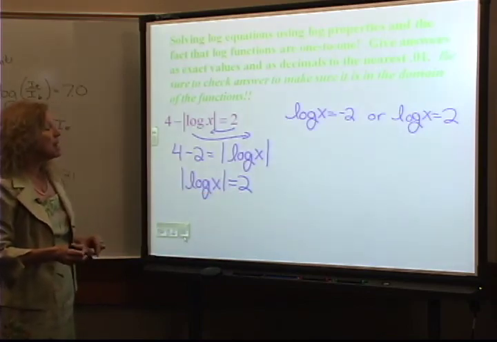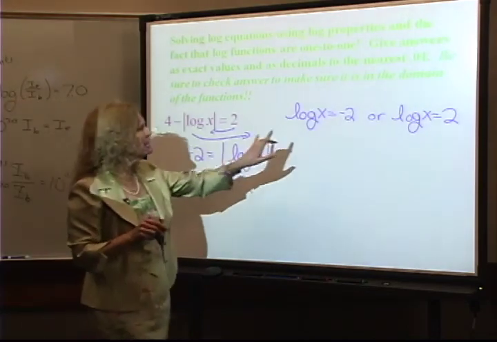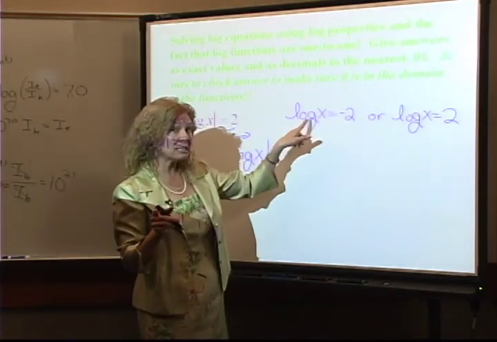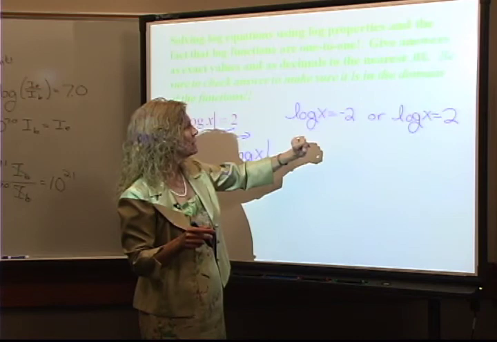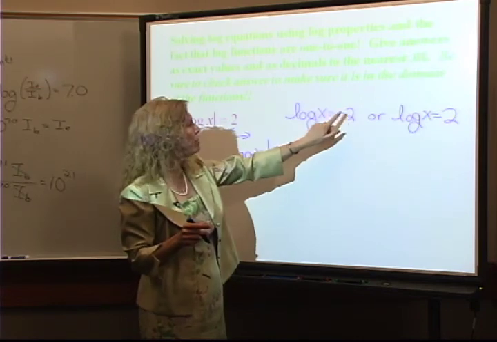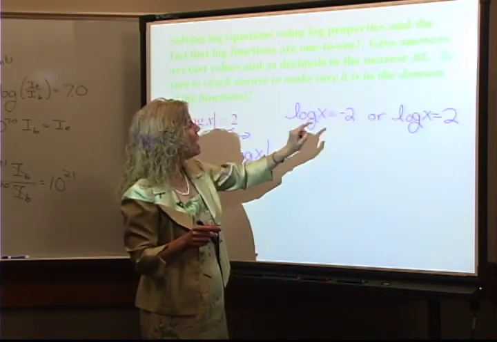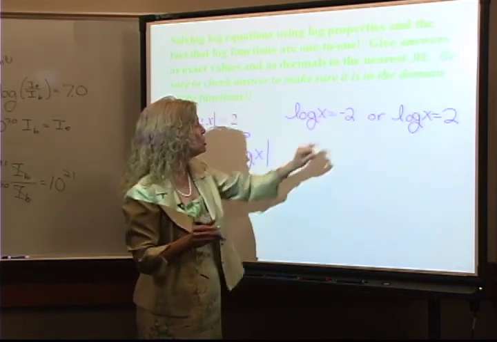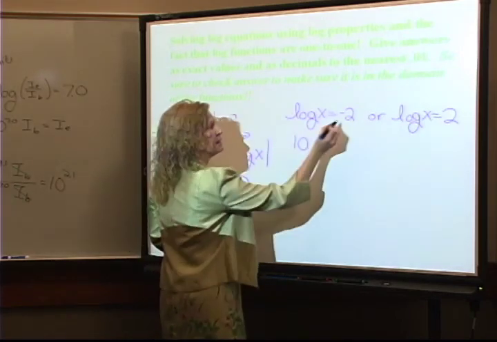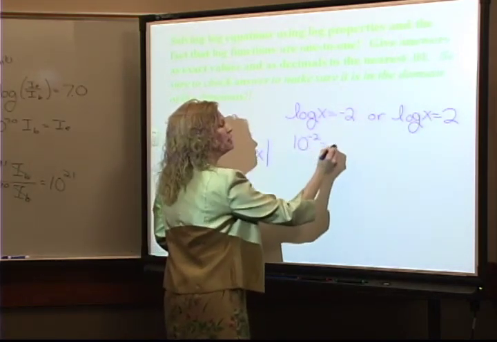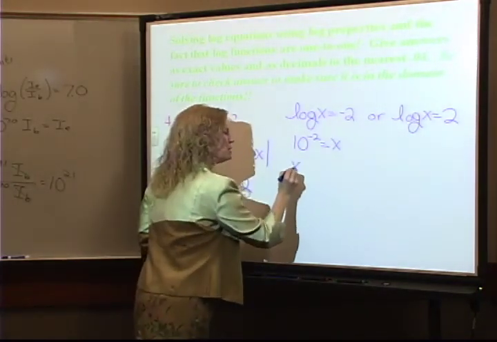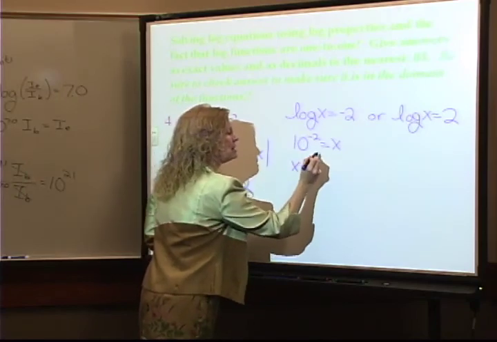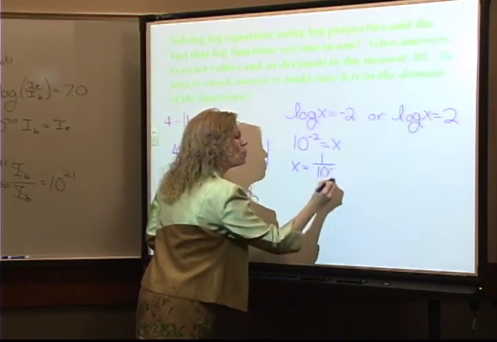Okay. And now you notice that this is different than the very last problem we did. I don't have a log on both sides. So I'm not pulling inputs out. What I'm going to do is use the definition. 10 to the negative 2 is equal to x. So using that negative exponent, that would be 1 over 100.